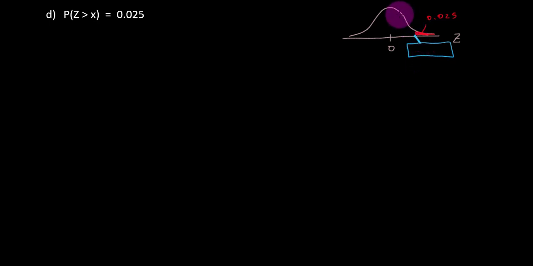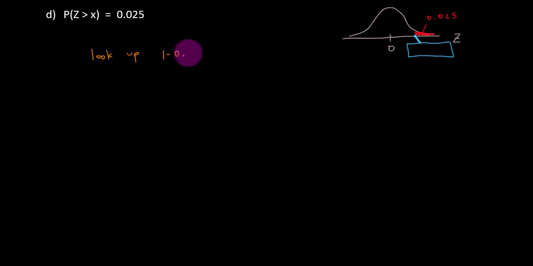When we go to the z table to figure out this answer, what we're going to do is actually not look up 0.025. What we want to look up is its complement. Remember, the table only works with left-sided areas.